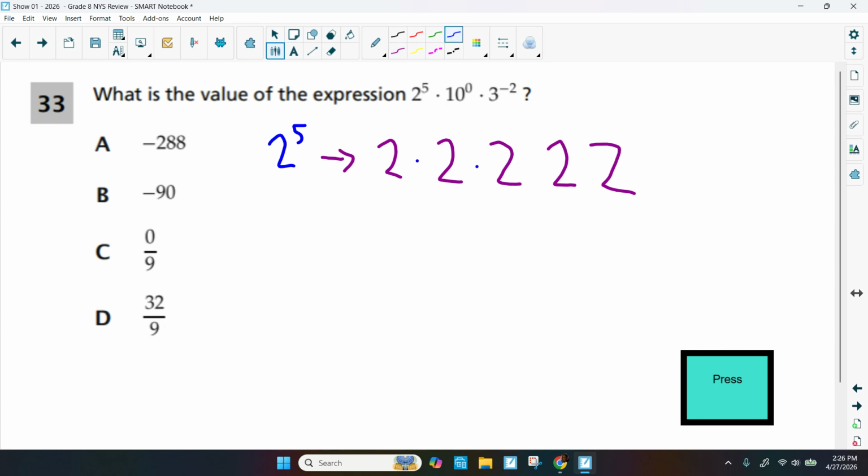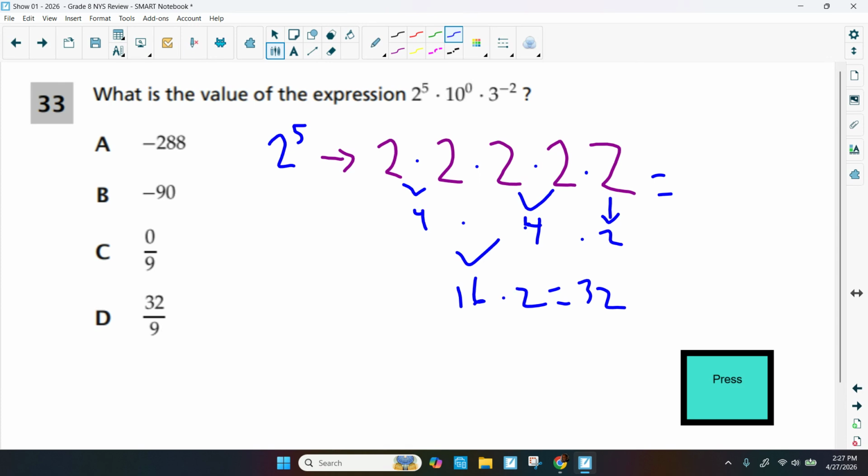I'll put my multiplication decimal there, and 2 times 2 is 4. 2 times 2 is 4, and bring down that times 2 again. So I got 4 times 4 is 16, and times 2 is 32.